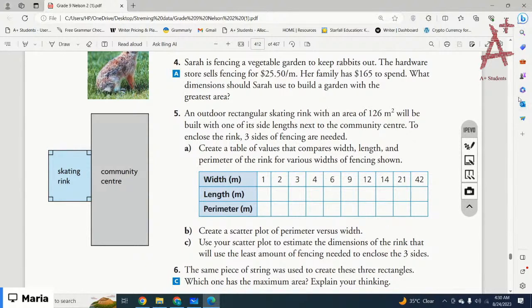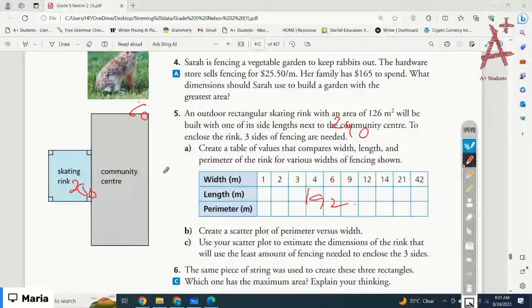So that means when width is 1, the length is 126 and the perimeter is 128. When the width is 2, the length is 63, right? You have to divide it by 2 and the perimeter would be 67.